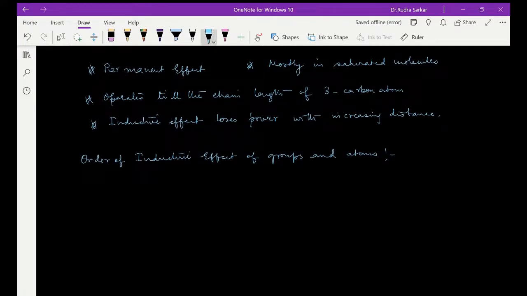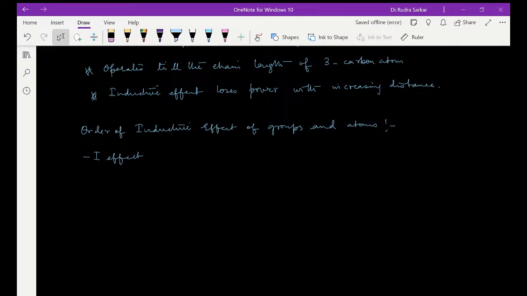So we will say for minus I effect, this is the order that it will follow.